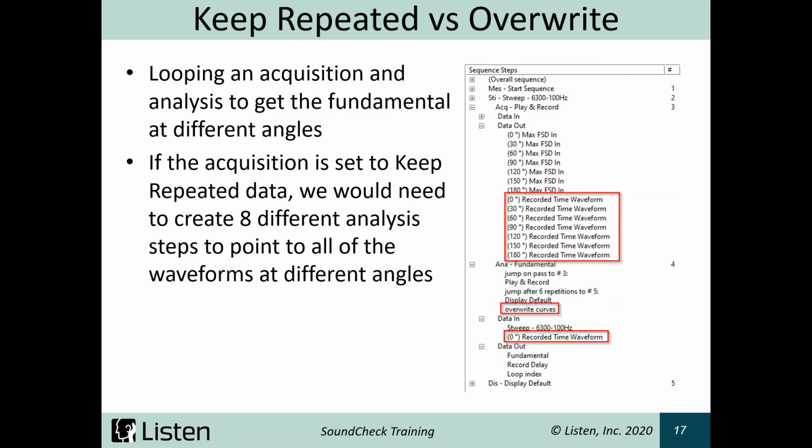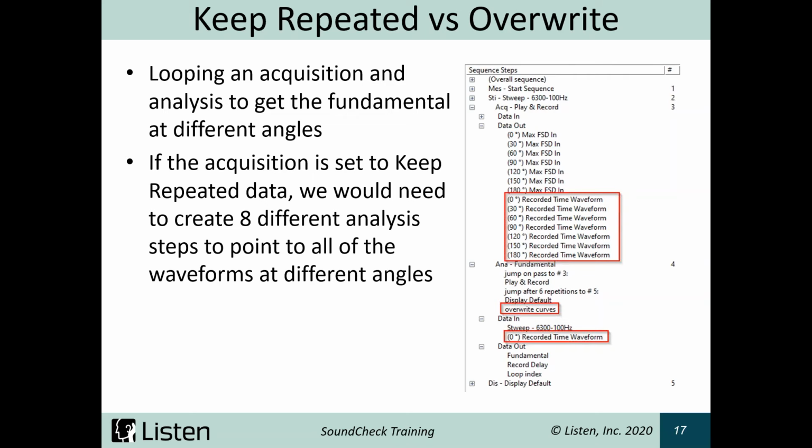So when I expand my data out and my step configuration, if it doesn't say overwrite curves, it's keep repeated data. If I right-clicked and selected configure step, it's just going to show me which box was selected. But in this case, I have an acquisition step that's creating a bunch of different curves.